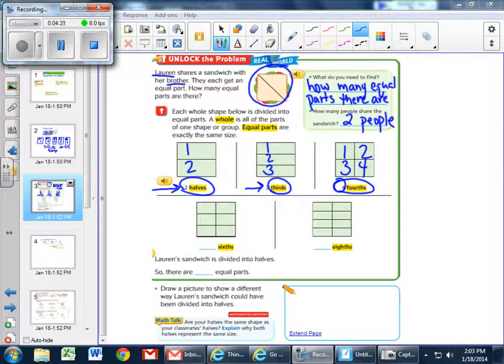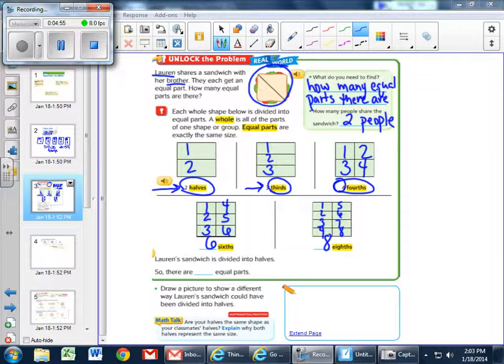Okay, so here we have 1, 2, 3, 4, 5, 6. So we have 6 sixths. That's kind of hard to say. And here we have 1, 2, 3, 4, 5, 6, 7, 8. So we have 8 eighths.